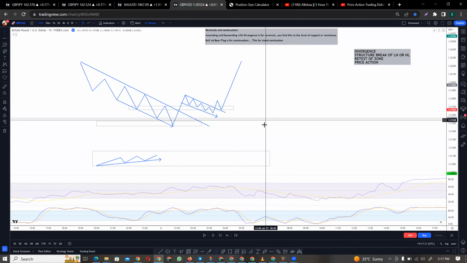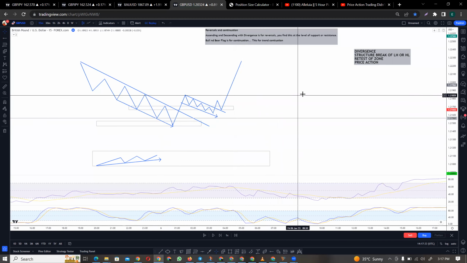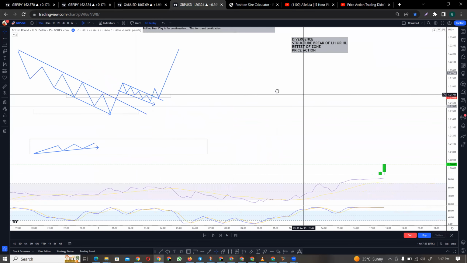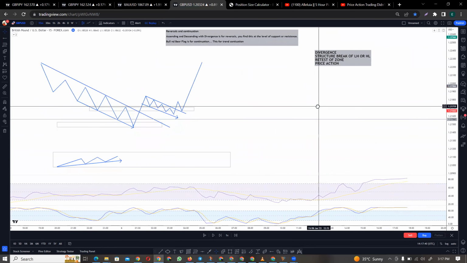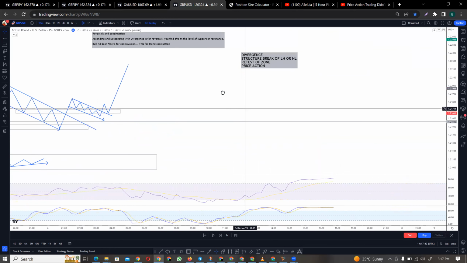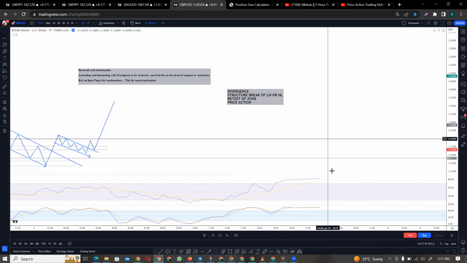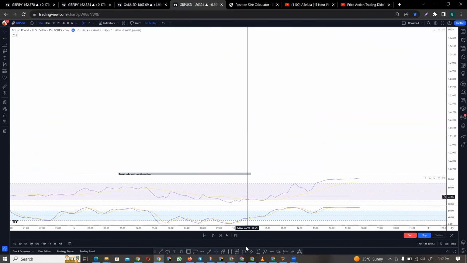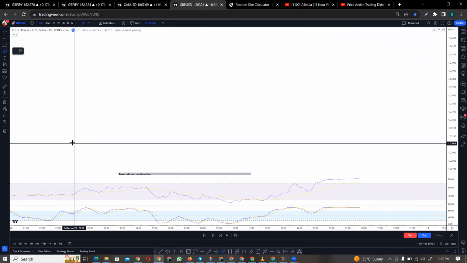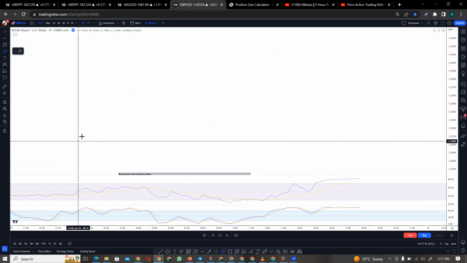Wonderful. So, ascending channel. Do I need to sketch that one? Yeah, let me sketch it. Okay, good. For the bullish ascending channel, market is doing something like this.